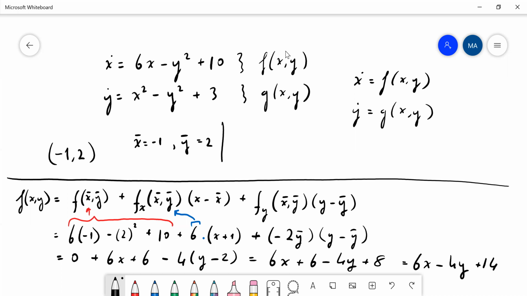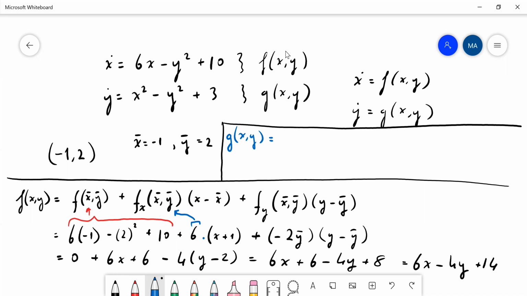Let me use this space and do it very quickly. Okay, let me use a different color. So now g(x,y) equals 0 plus, right? This will be 0 in the steady state, right? Square of -1 is equal to 1.